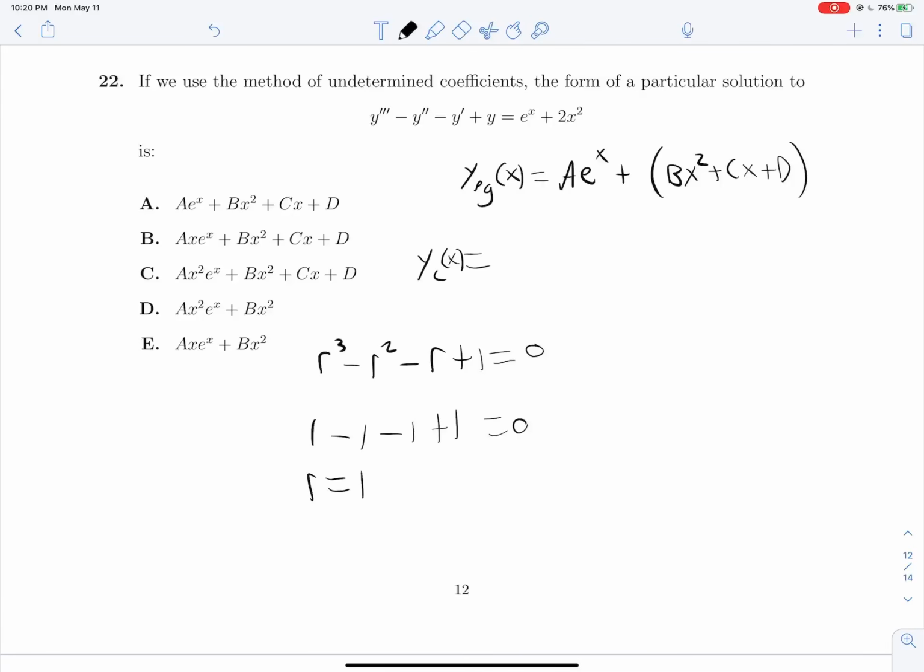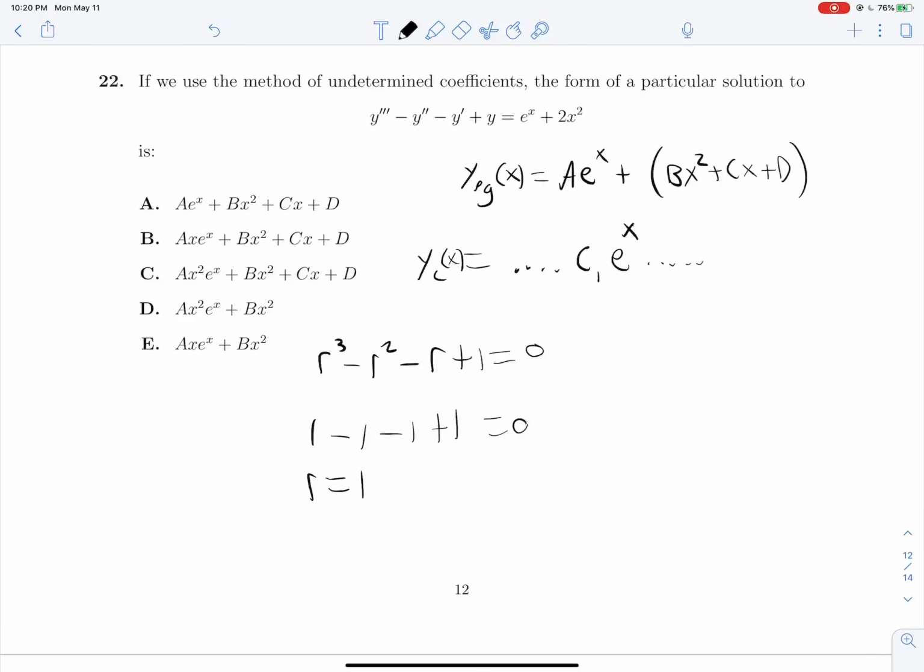That means that among the other components that yc could have, it will have a constant times e to the x, and then blah, blah, blah, all the rest. We don't actually care about anything else, because the only other thing that could overlap with the solution that we have over here is if we had r equals 0, which would overlap with this constant.